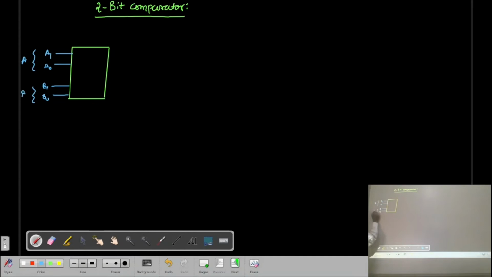This is my other binary number B. Now this 2-bit binary number is going to be compared. But again, the comparator has only 3 outputs: E, the equality, where A is equal to B; then another output G, where A is greater than B; and the third one is L, where A is less than B. Correct?